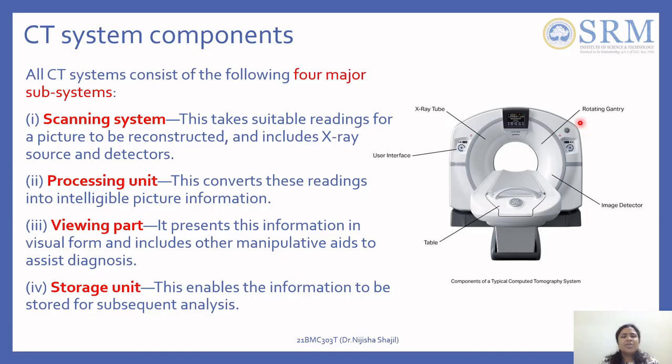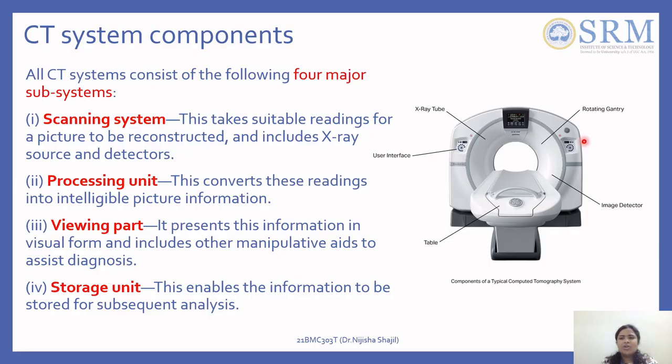Then processing, where the detected readings are turned into an intelligible picture format. Then the viewing system, where you actually view it, as an image on a monitor. And the storage. The most important component is the scanning system of the CT.